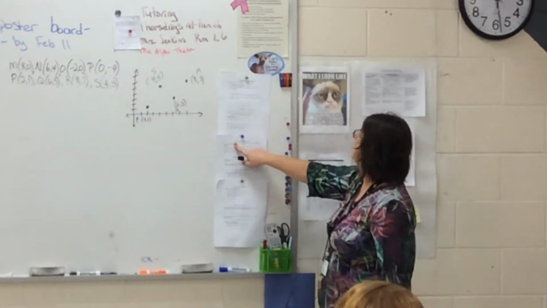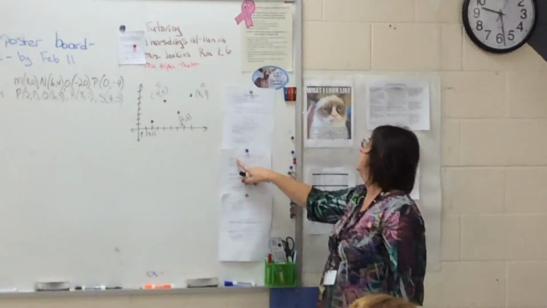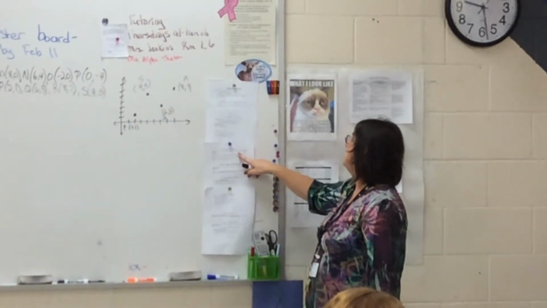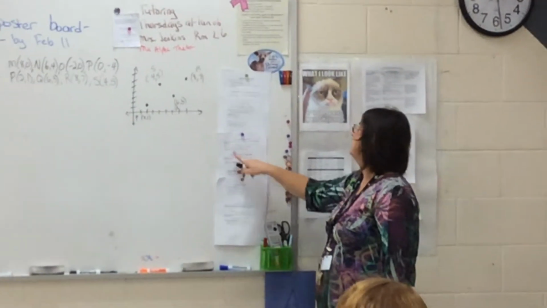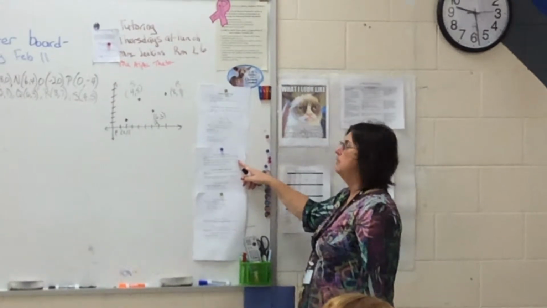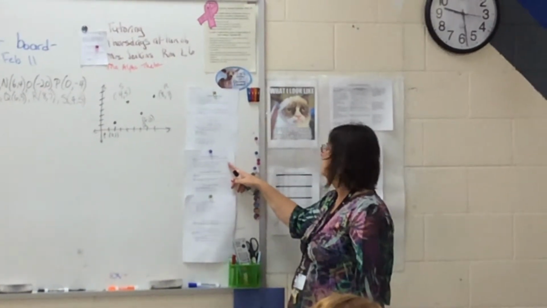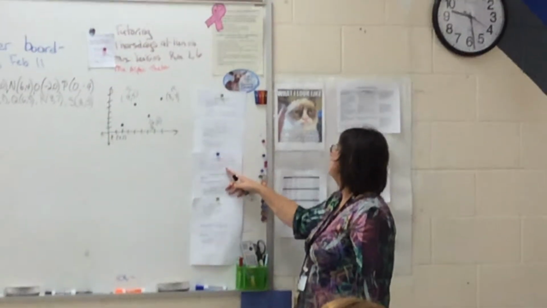So we come up here, proving a quadrilateral is a parallelogram. And there's 4 methods. Show that the diagonals bisect each other by showing the midpoints of the diagonals are the same. Show both pairs of opposite sides are parallel by showing they have the same slopes. Show both pairs of opposite sides are equal by using distance.